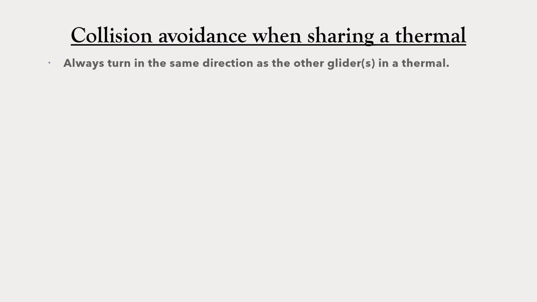So we talked earlier about one way to find your thermal is to notice other gliders that are already in the thermal. That means we end up with multiple gliders in the same thermal. We want them to not be at the same spot at the same time. So the first rule for avoiding collisions when you're sharing thermals is to observe the direction that other gliders are turning.